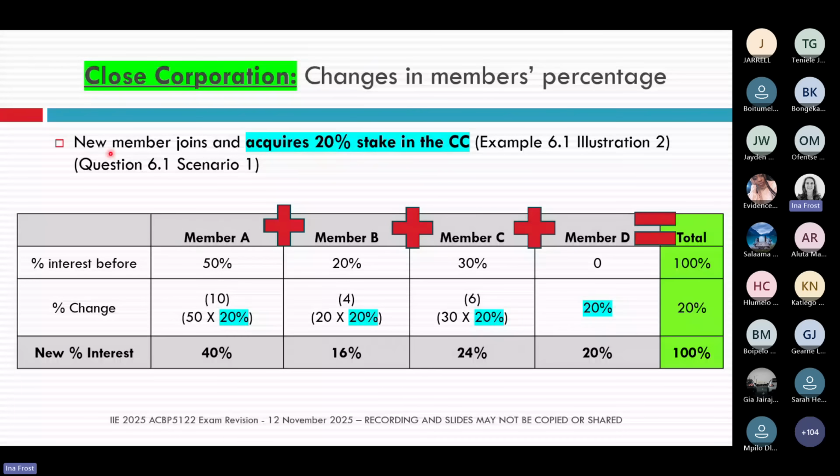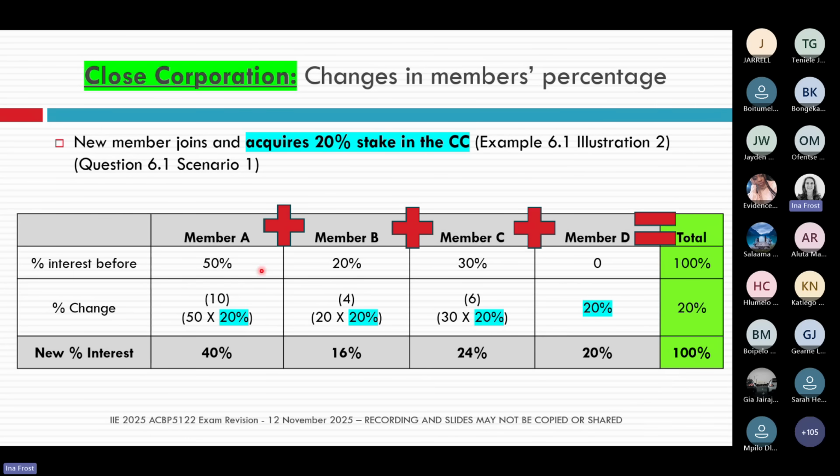Then if we have a new member joining the closed corporation and they get a 20% stake, this is now member D, getting 20%. But this means that members A, B, and C each have to give up a little part of their current holding to enable member D to get his 20%, because we can never exceed 100%.